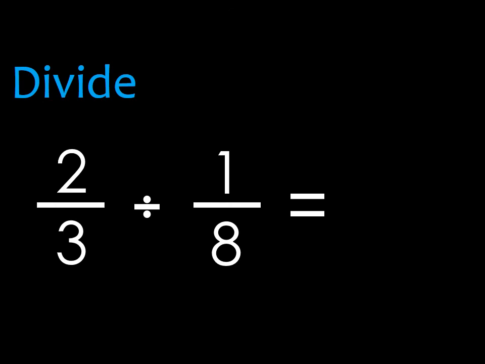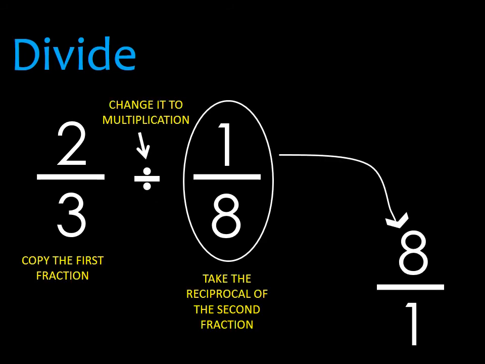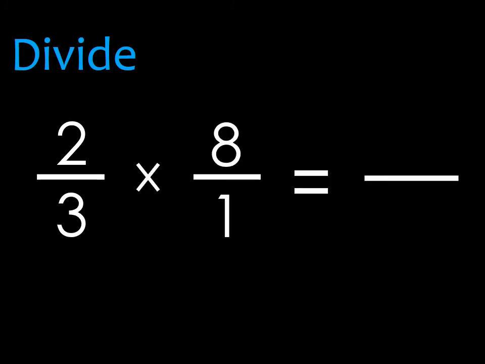So, let's try this given. 2 over 3 divided by 1 over 8. So, again, we copy the first fraction, change the operation to multiplication, and take the reciprocal of the second fraction. So, 1 over 8 will become 8 over 1. So, yan na yung magiging given natin doon.